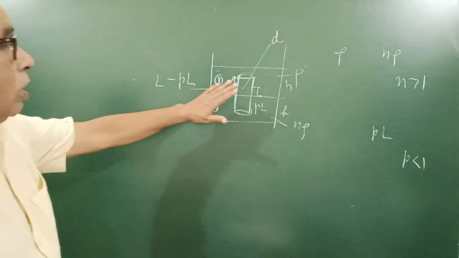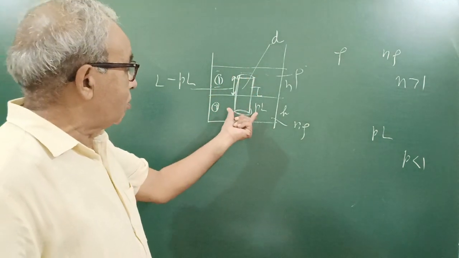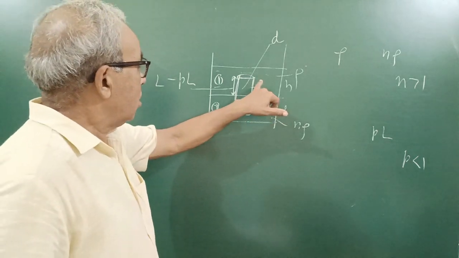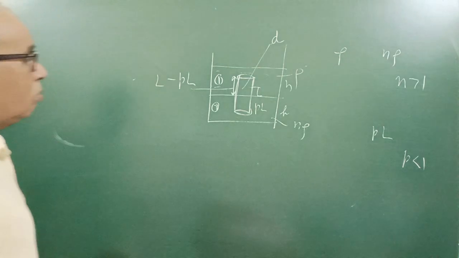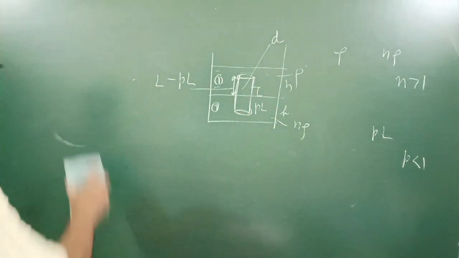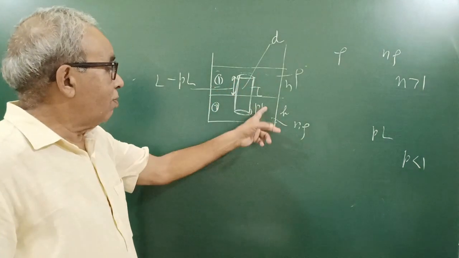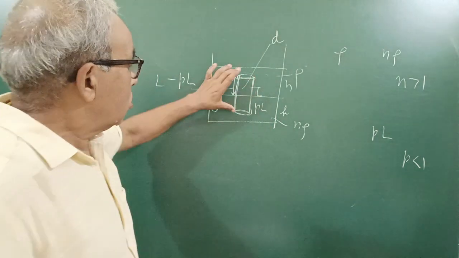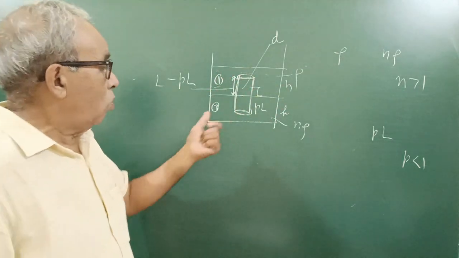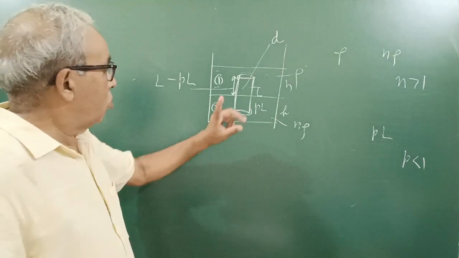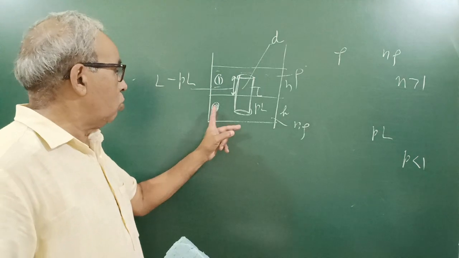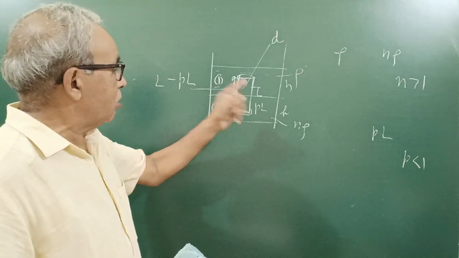So weight of body, weight of cylinder equal to weight of liquid displaced of density n rho plus weight of liquid displaced of density rho. Both the liquids are displaced. It is floating in equilibrium, so weight of cylinder is equal to weight of liquid 2 displaced plus weight of liquid 1 displaced.